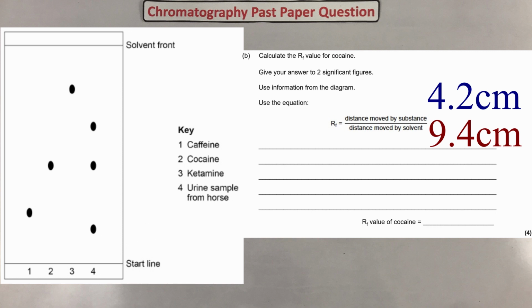Because the distance the substance moves goes at the top and the distance the solvent moves goes at the bottom, that must be 4.2 divided by 9.4. The third mark comes from an answer, so that's 0.4468, and the final mark comes from getting our answer in 2 significant figures, so that will be 0.45.